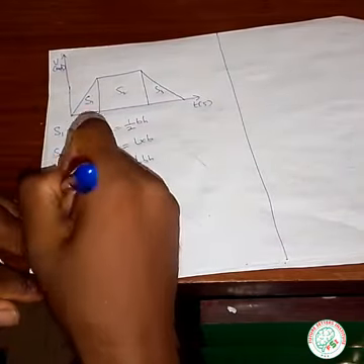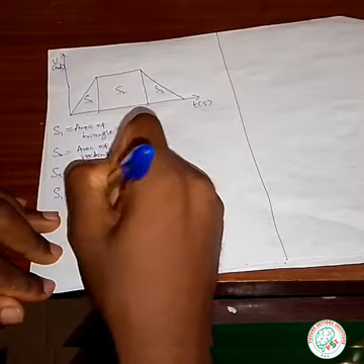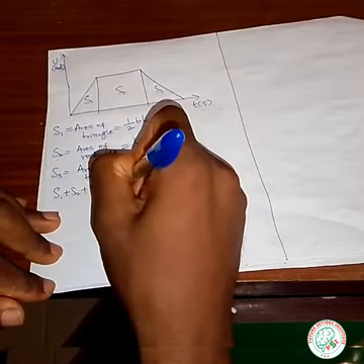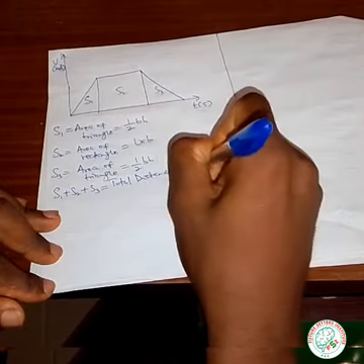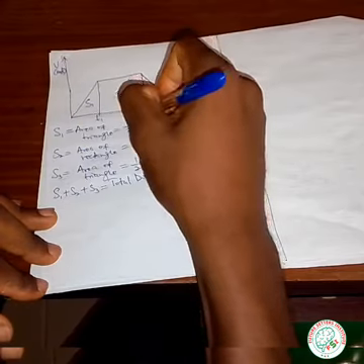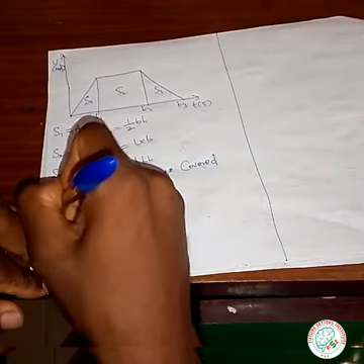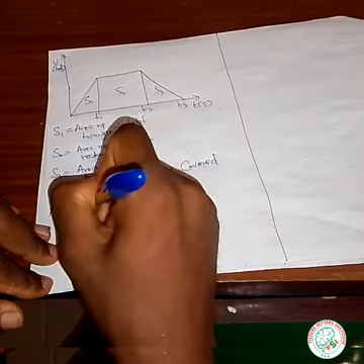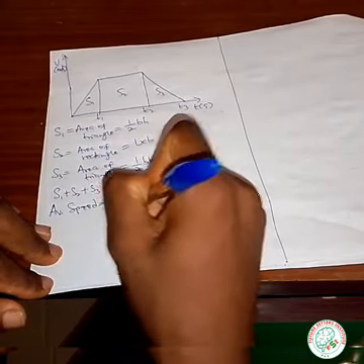Then at the end of the day we say S1 plus S2 plus S3. You know what I call this? I call this TDC, total distance covered. After getting our TDC, this is T1, this is T2, and this is T3. We will now look for the average speed, which is equal to the total distance covered over the total time taken.